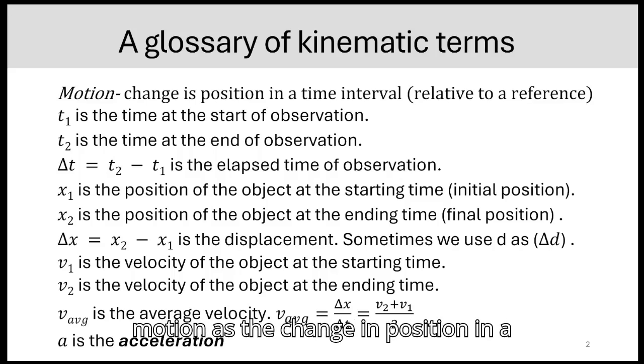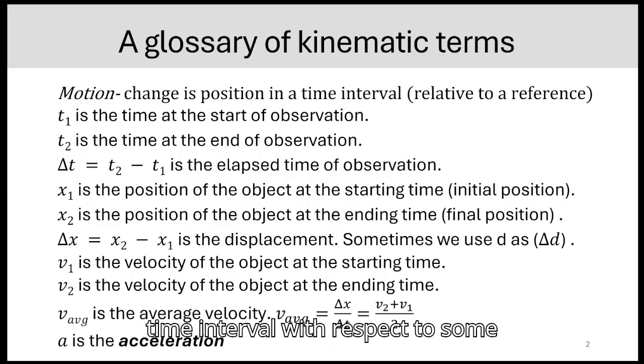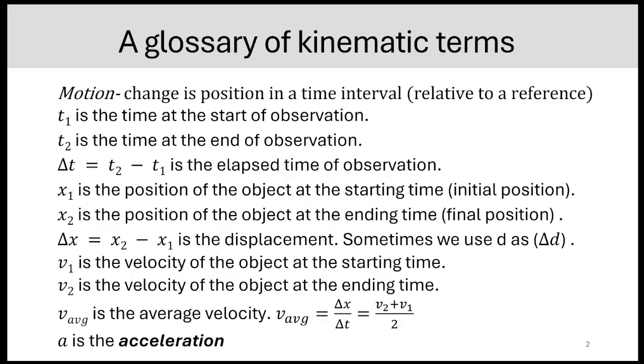We defined motion as the change in position in a time interval with respect to some reference, and then we have time. We represent t1 and t2 as the initial time and final time of the observation, and we use this Greek symbol delta to show the change.